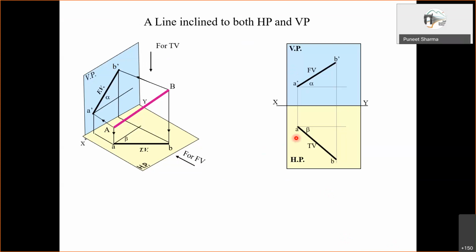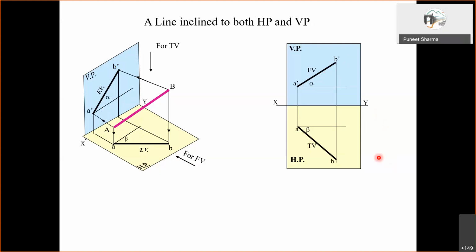Thereafter we simply considered that the line is parallel to one of the planes. If the line is parallel to the vertical plane, then the view in the vertical plane will be the front view. So the front view gives us the true length and true inclination of the line with the horizontal plane. So that we used and located the B dash. But here we cannot do it because the front view is a reduced length.